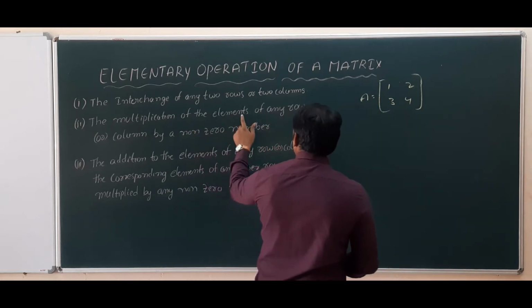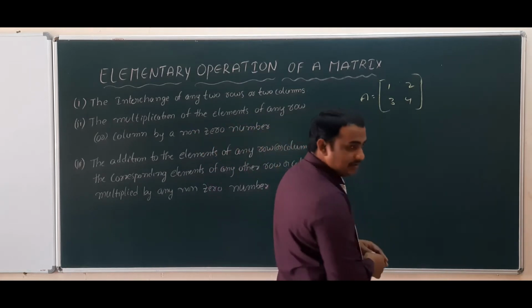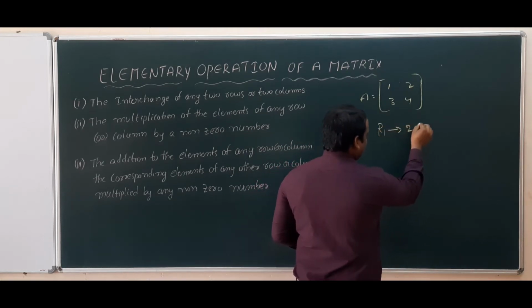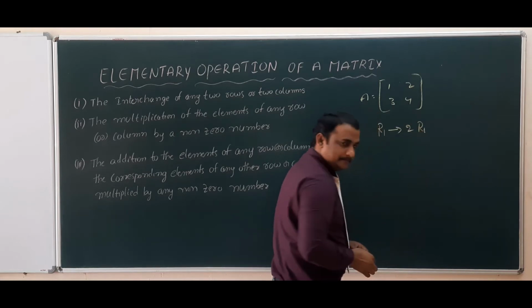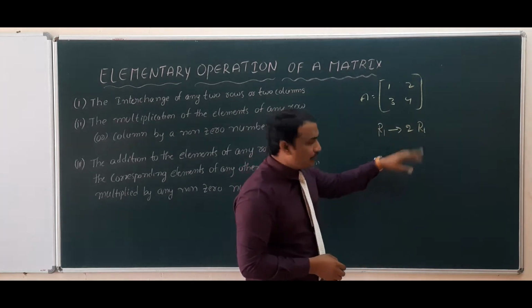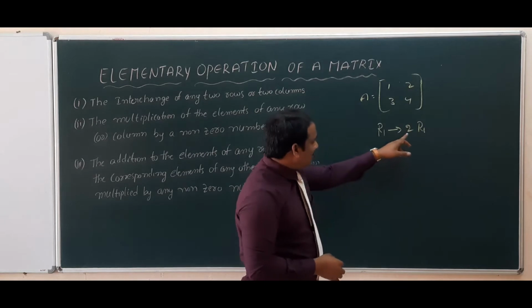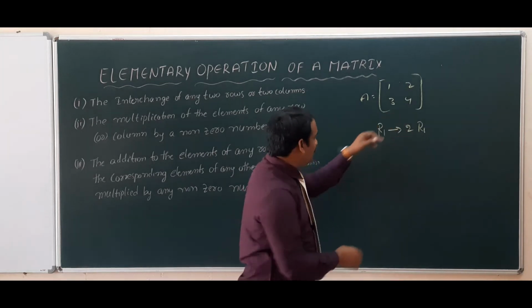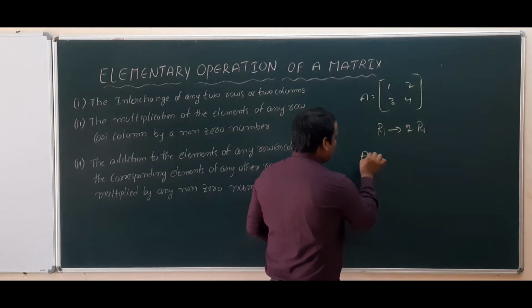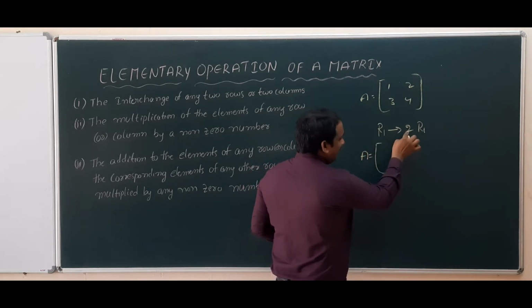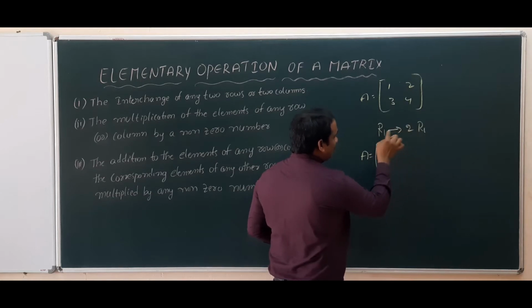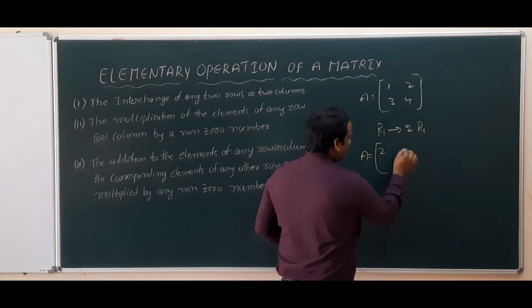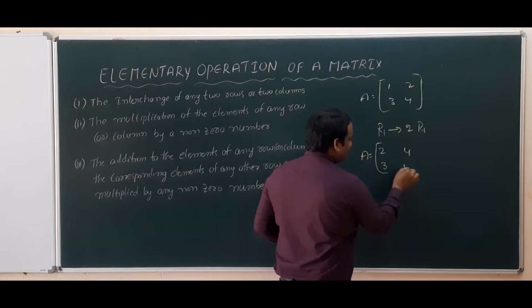I write R1 implies 2 into R1. That means you multiply only the first row by the non-zero number: 2 into 1 is 2, 2 into 2 is 4, and the second row remains the same.